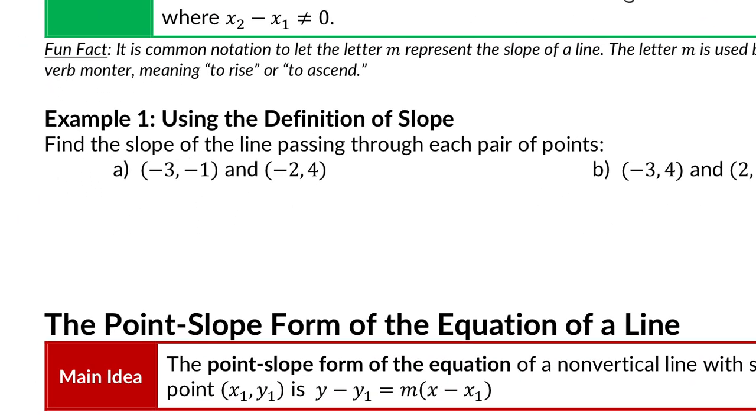We're going to find the slope of the line passing through each pair of points. This first one I'm going to show the work that you've probably shown for forever, which is labeling x1, y1, x2, y2. Love it. I don't necessarily need to see the labeling from here on out, but because these are our notes, we want to make sure we're all on the same page. Let's label.